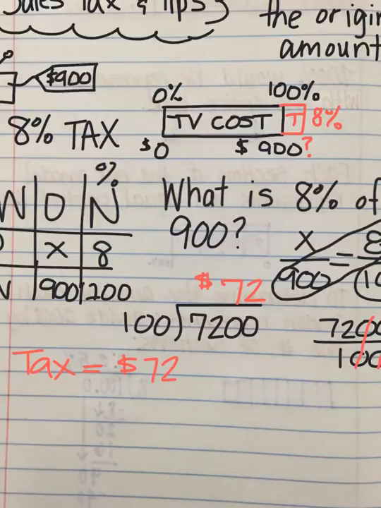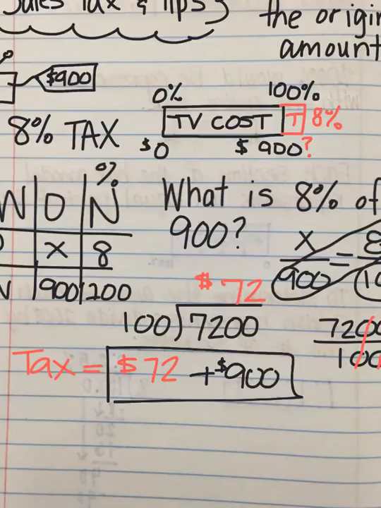Everybody see that? We got to add that original cost in here. And now our total together is going to be $972. You would do this with tax. You would do this with tips. Any amount that has to be added to your total is going to be solved like this. Okay? Any questions on this part?